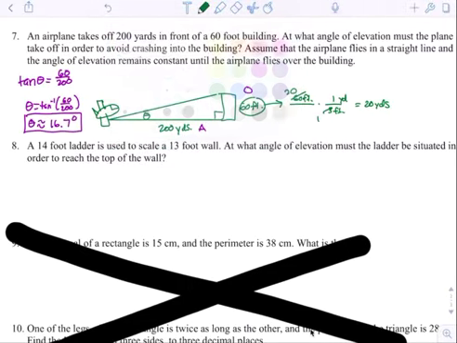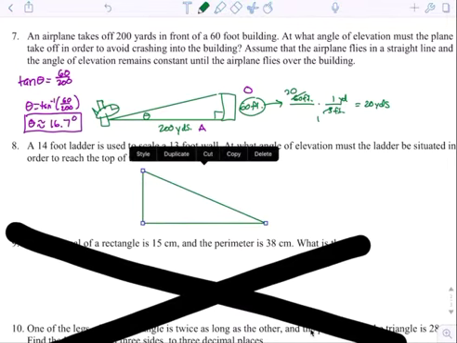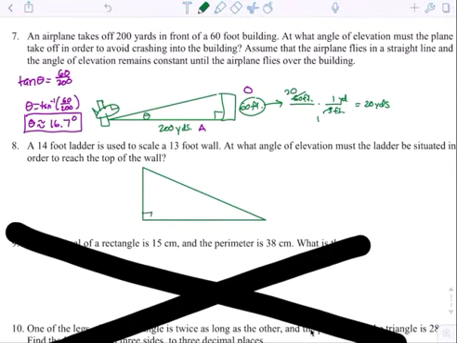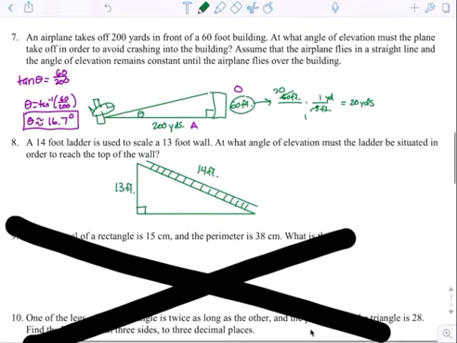Okay, number 8. I'm gonna draw my right triangle. Okay, a 14-foot ladder. So here's the ladder. 14 feet is used to scale a 13-foot wall. Here's a 13-foot wall. At what angle of elevation must the ladder be situated in order to reach the top of the wall?